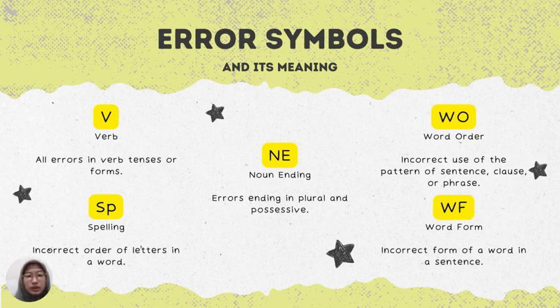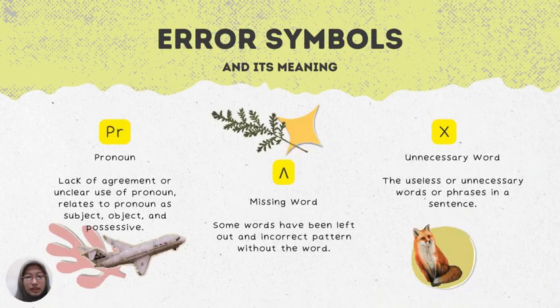WO or word order, incorrect use of the pattern of a sentence, clause, or phrase. WF or word form, which means incorrect form of a word in a sentence. And then we have PR or pronoun, lack of agreement or unclear use of pronoun, relating to pronoun as subject, object, and possessive.